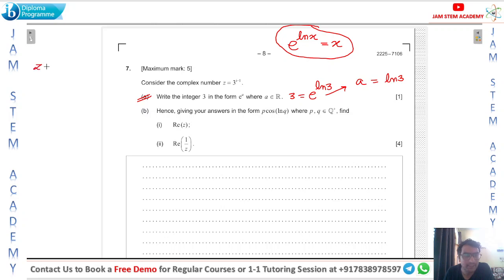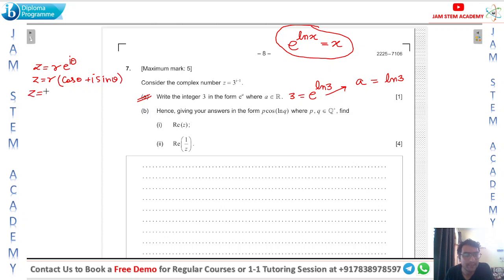Basically, if we have any complex number z equals, say, r e raised to the power i theta, then we can write it as r cosine theta plus i r sine theta. The part which has i in it is the imaginary part and the part without i is the real part.